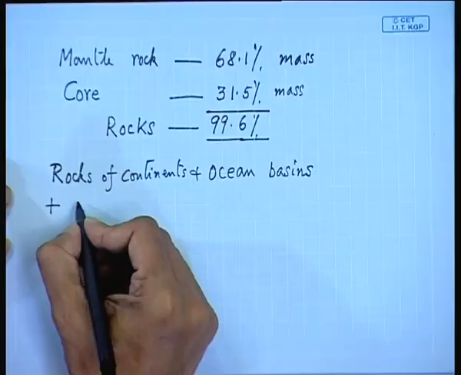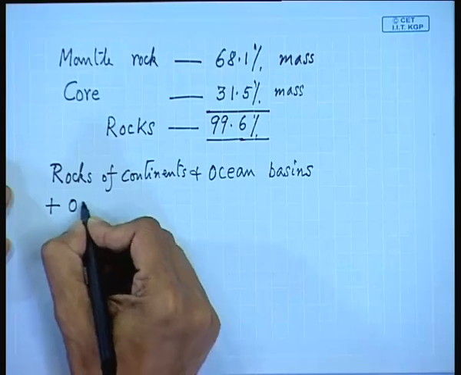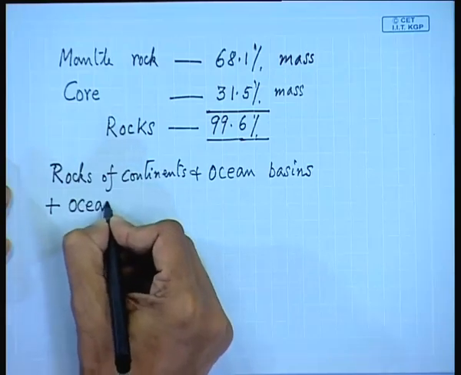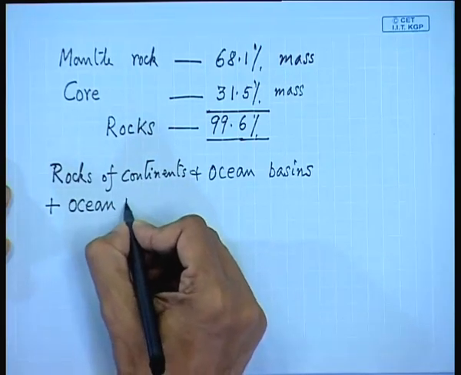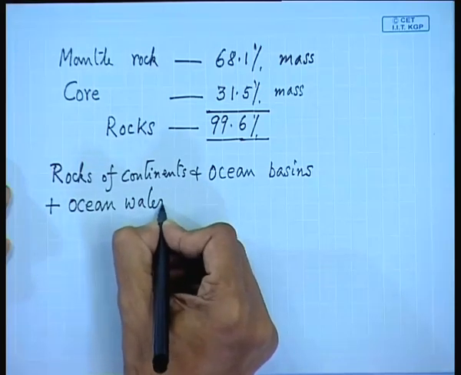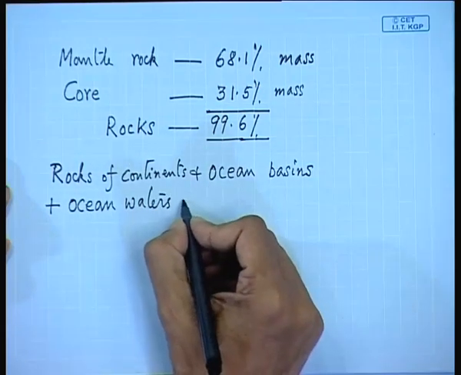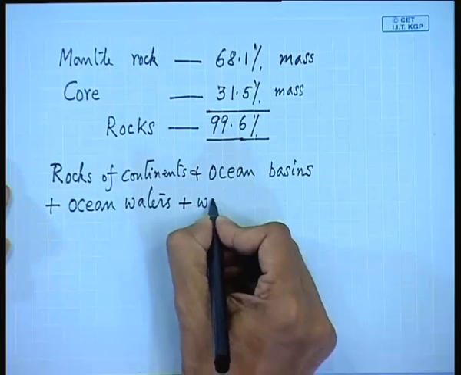So, that is called the ocean basin. So, rocks present on the continents around the ocean basins plus the waters in the ocean. So, we can write ocean waters, plus water in atmosphere.